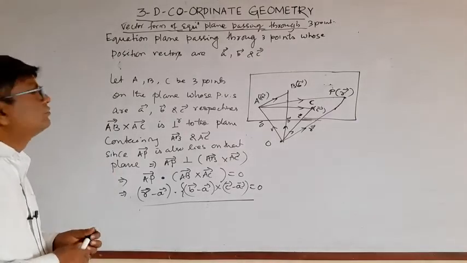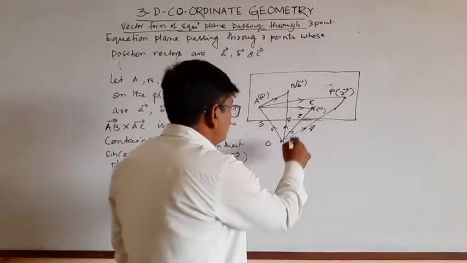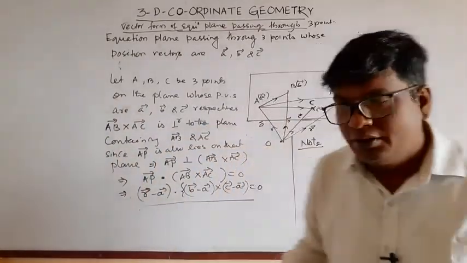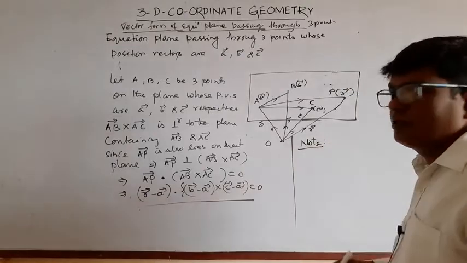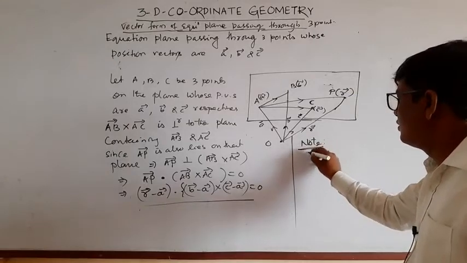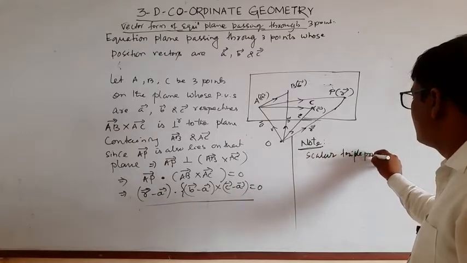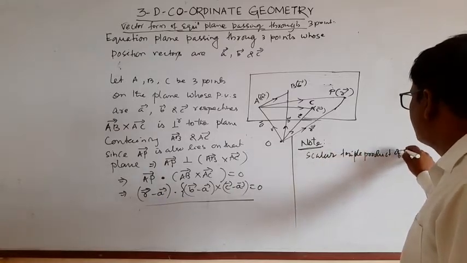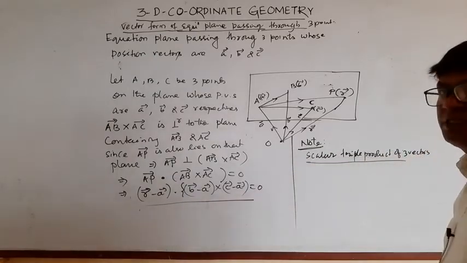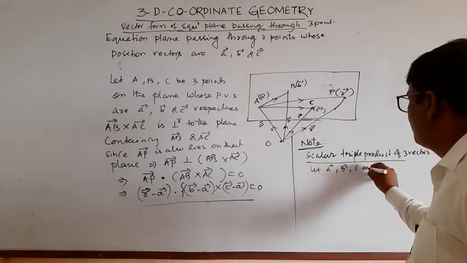Now note this is the scalar triple product of three vectors. Let A, B, C be three vectors.